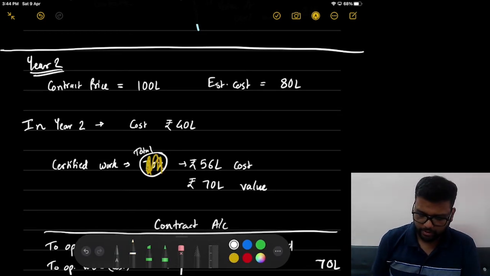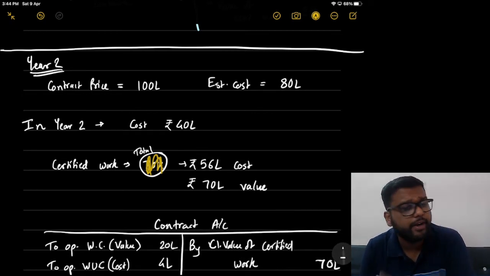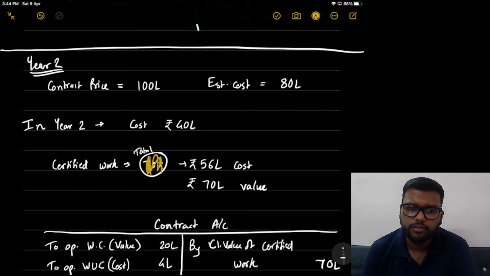Then can you tell me how much amount is certified till now? Cost? 56 lakhs. Out of how much that we have incurred? 60 lakhs. That means how much is still uncertified? 4 lakhs.